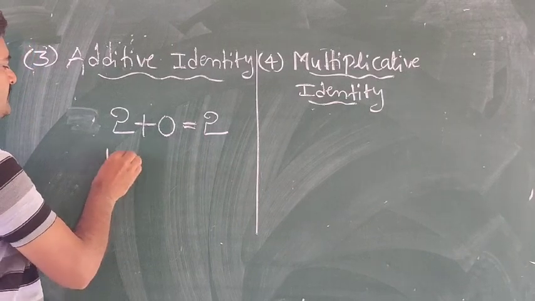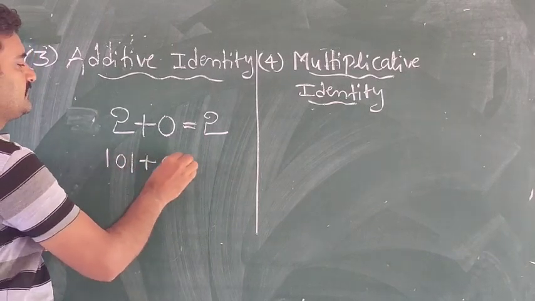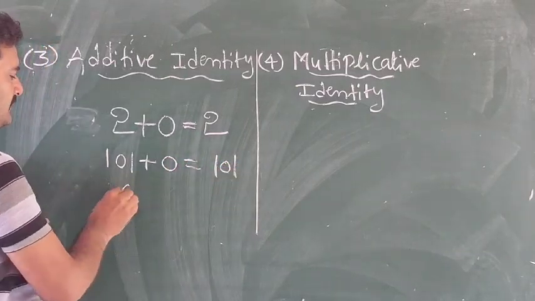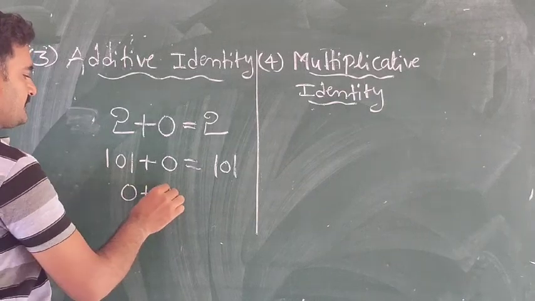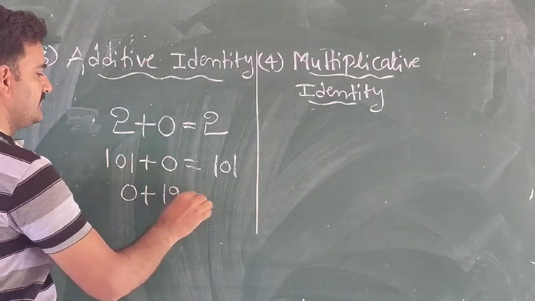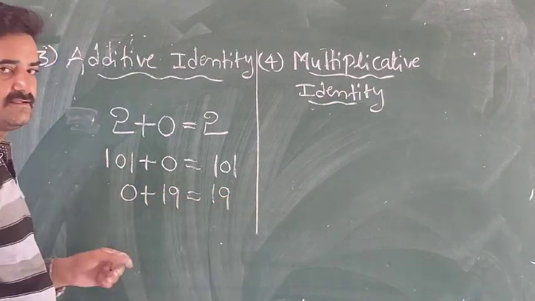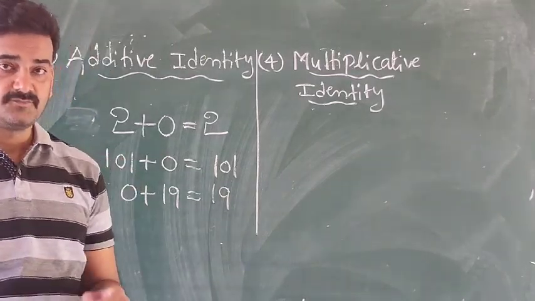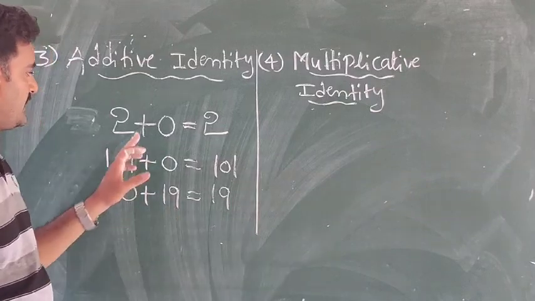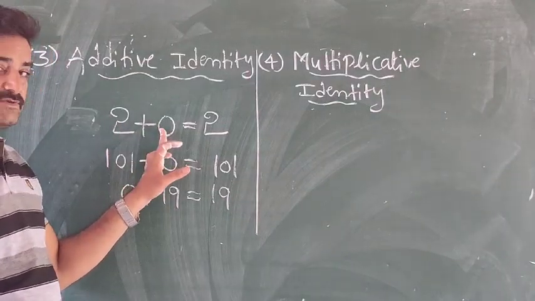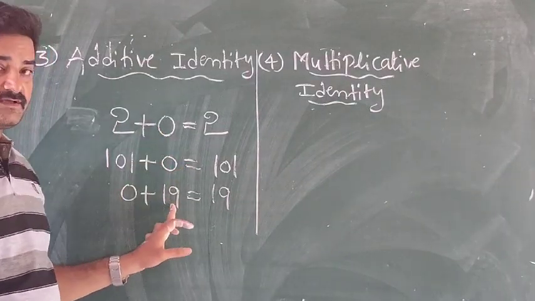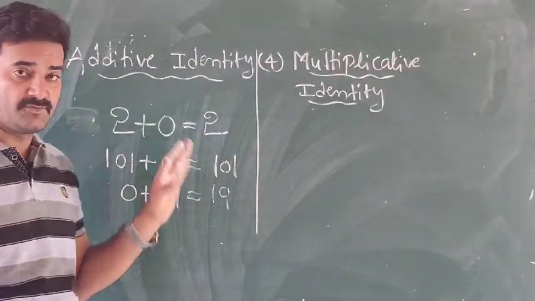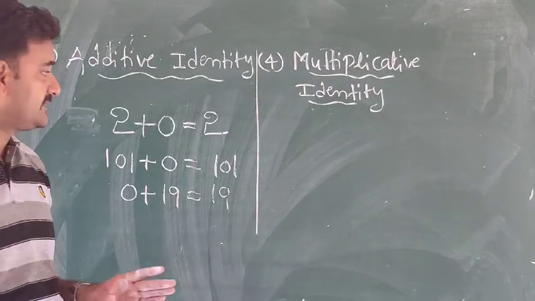Let us say 101 plus 0 is equal to, what is that? 101. Or 0 plus 90 is equal to 90. When I add any number with 0, or 0 with any number, I will get the same number. The same number, what I am going to add, that number only I am going to get.